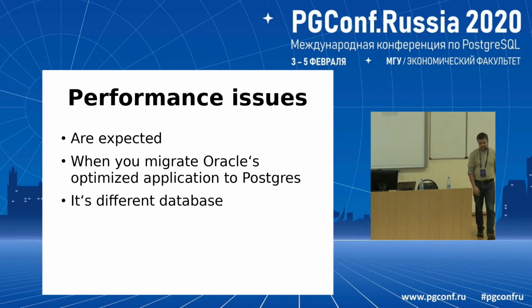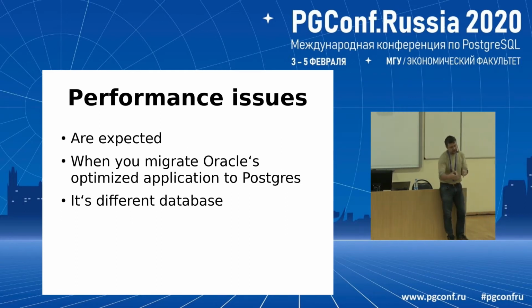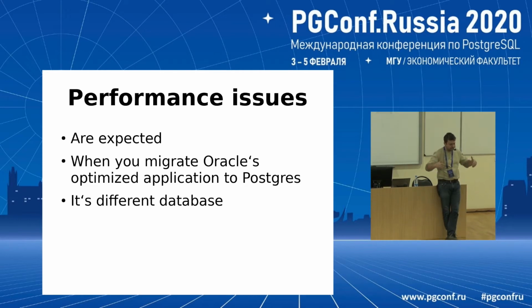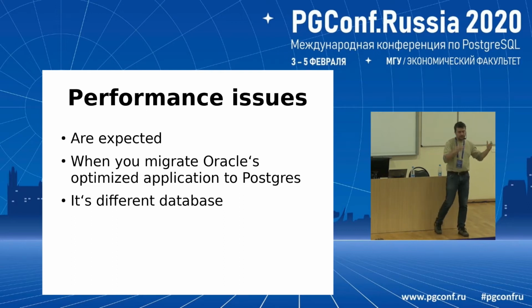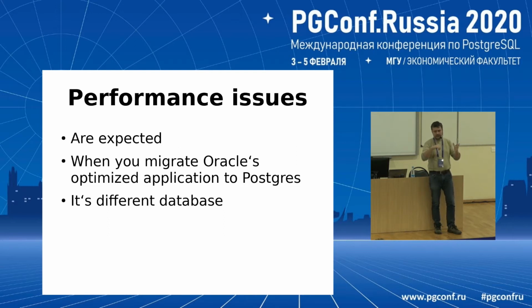When you migrate an application that was designed for Oracle or worked on Oracle for 10 years or more, then performance issues are expected. A lot of the time people fixed issues on Oracle, and when you migrate to a new database, Postgres, Microsoft SQL, MySQL, anything, then performance issues are expected.